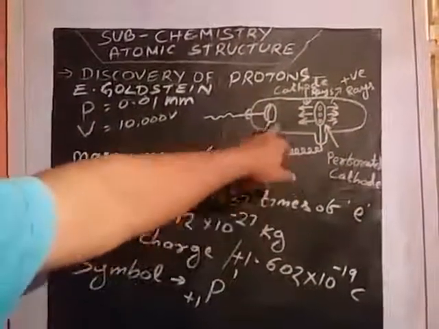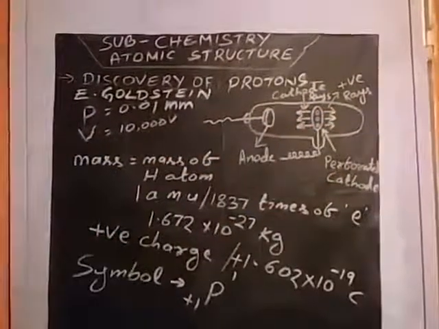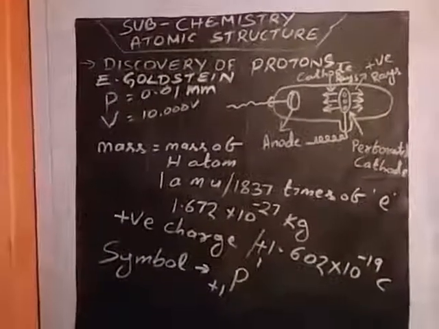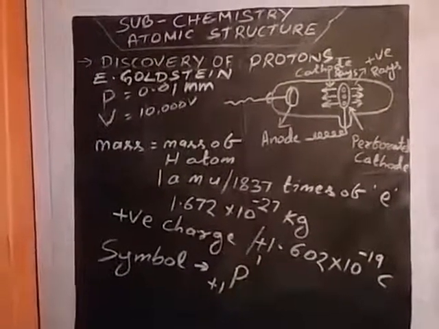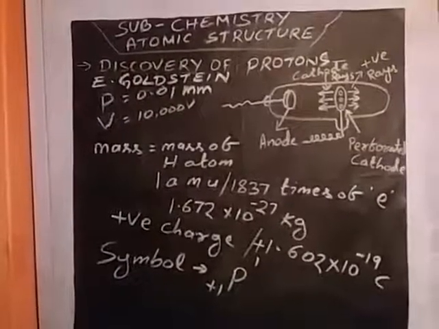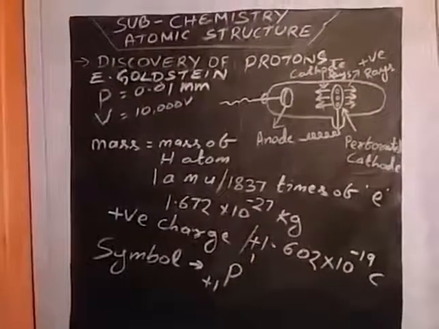There is one anode and another cathode, which has a canal, a hole. With the same setup, when he passed the rays, they went in the direction just opposite to the cathode rays. In cathode rays the movement is from cathode to anode, but here it is anode to cathode.